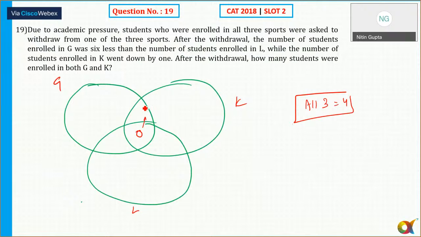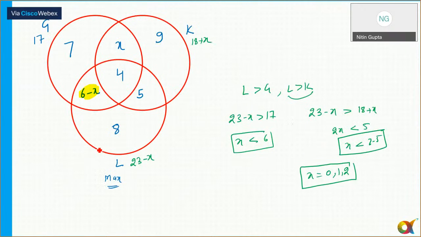Out of 4, some of the students have shifted. I'll say A of them have gone here, and B of them have gone here. In any case, the previous values which we calculated were 7, 9, 8, 5.